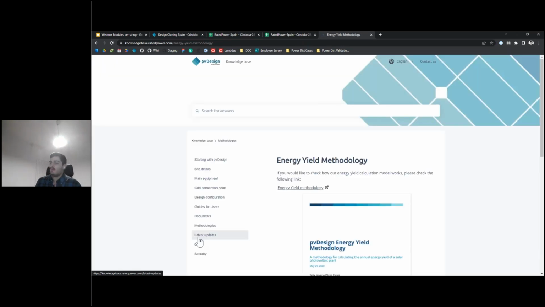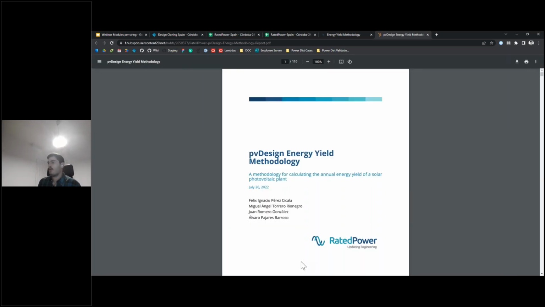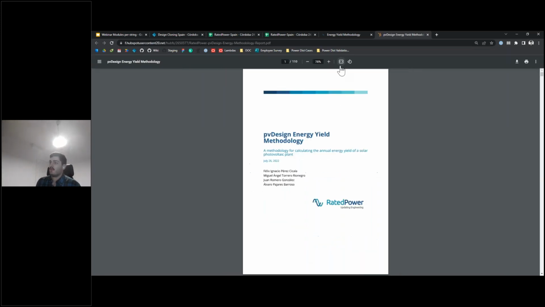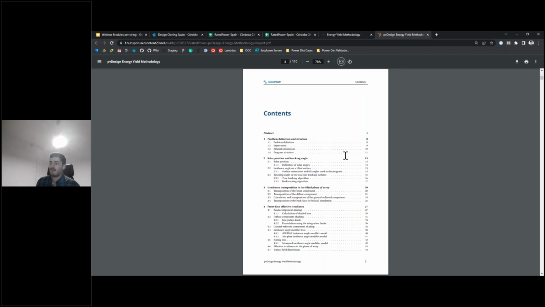From here, you can go to the energy yield methodology, where we not only provide information about how we calculate the energy production within the software, but also information about the parameters that we are using as an input. So here you may have more information about the typical meteorological year and the meaning of this data.